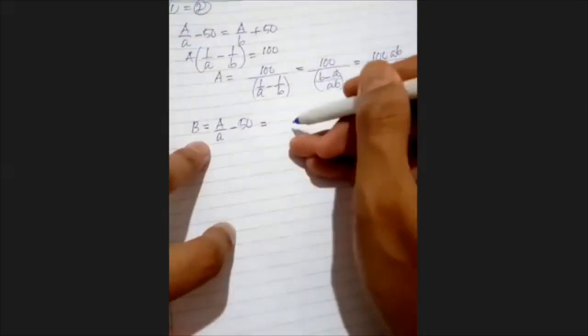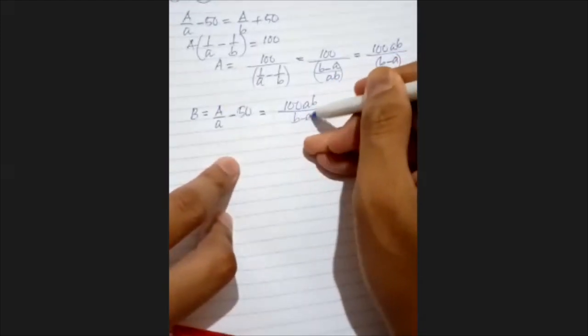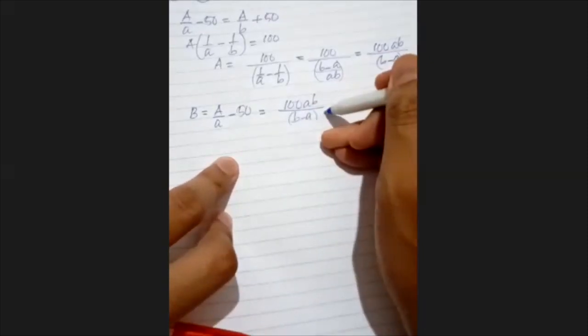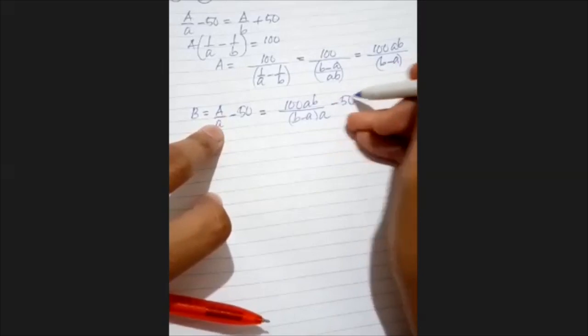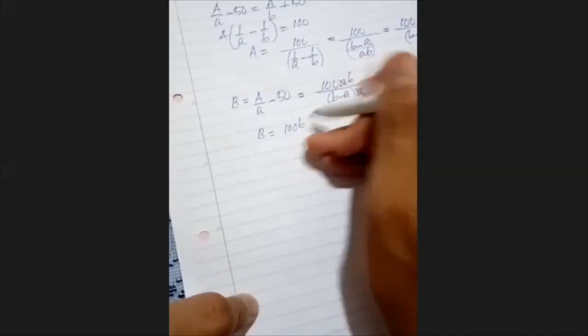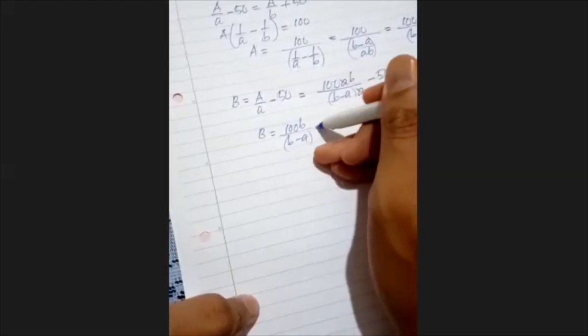So here I have 100 ab over b minus a over a as shown here, minus 50. So we can simplify the equation. So we let this a. So you can have the b value become 100b over b minus a minus 50, right?